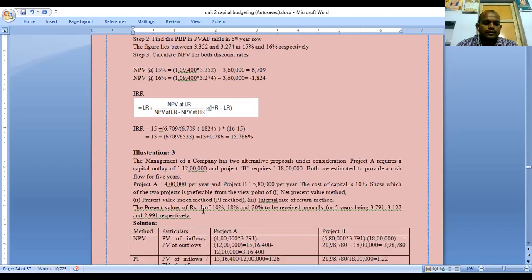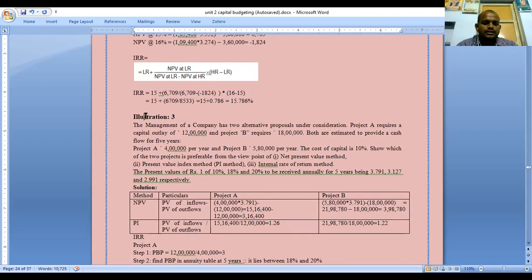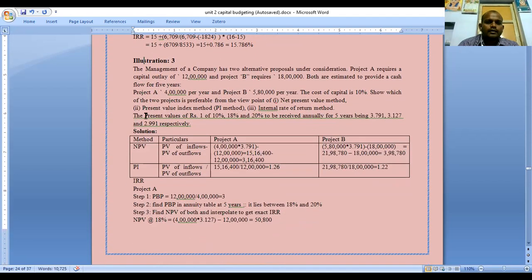So next, illustration 3. So management of a company has two alternative proposals under consideration.